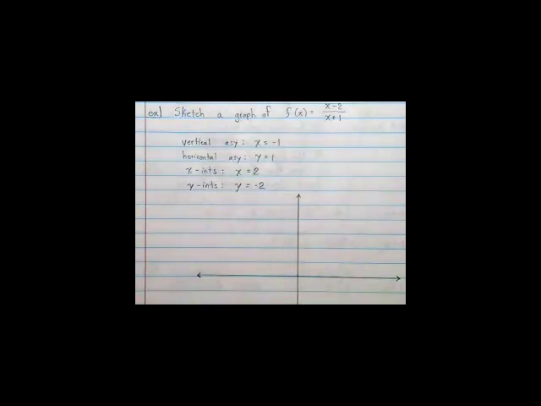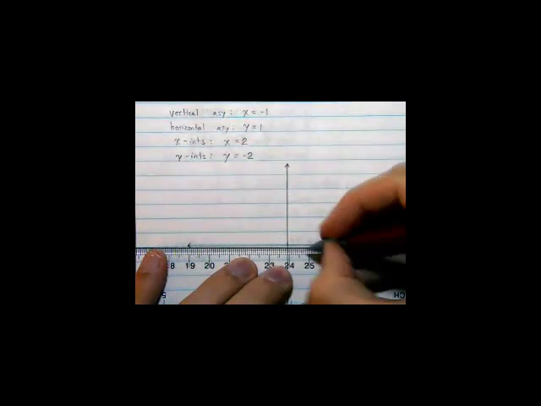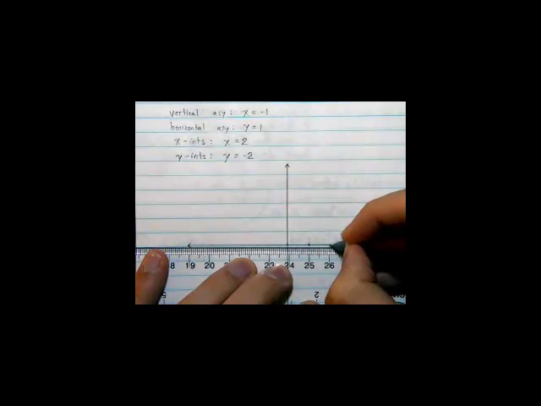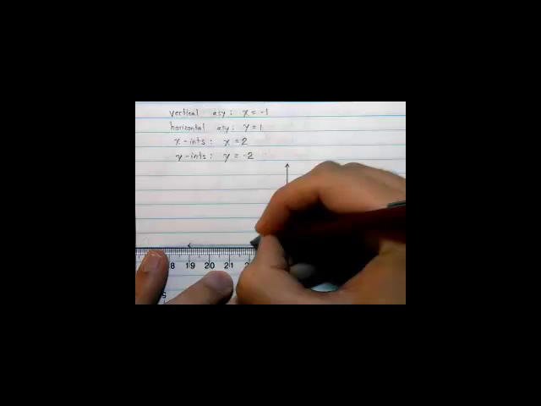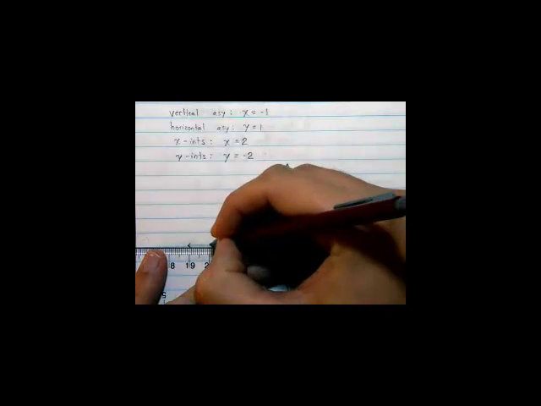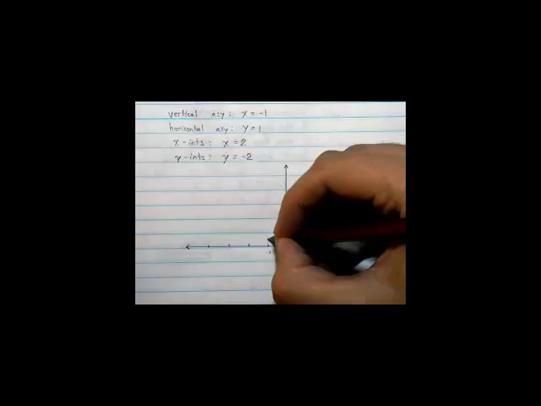Okay, so let's start plotting this stuff out. I drew a little coordinate plane down here underneath, and we're just going to start placing this stuff on there. So I'm going to make a little scale here, make sure it's all nice and even and pretty. Okay, so we've got a vertical asymptote at x equals negative 1, so that'll be here.